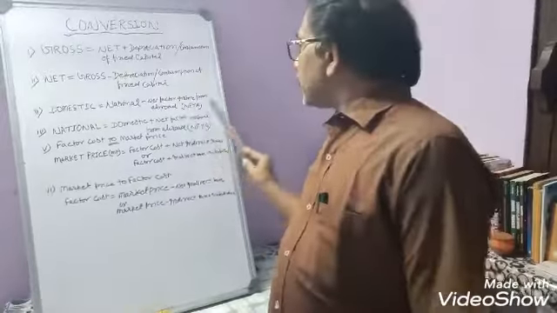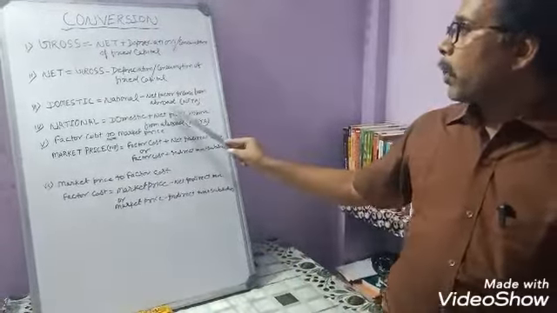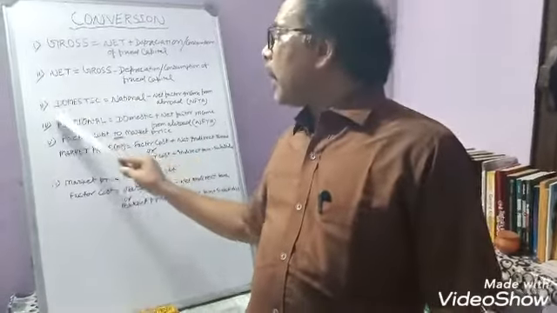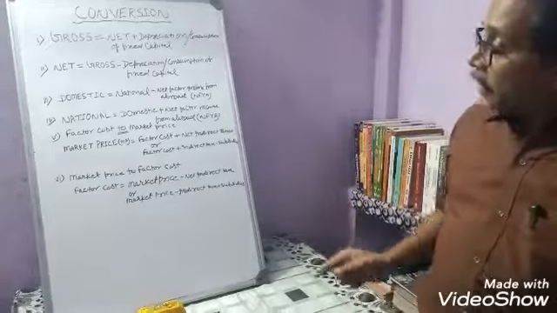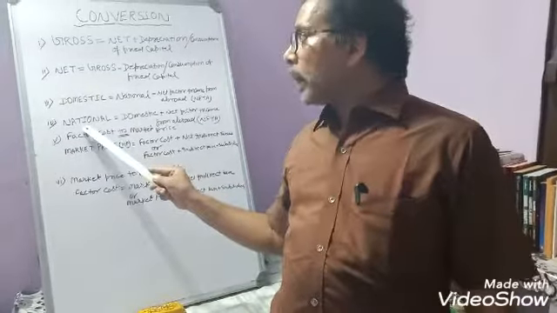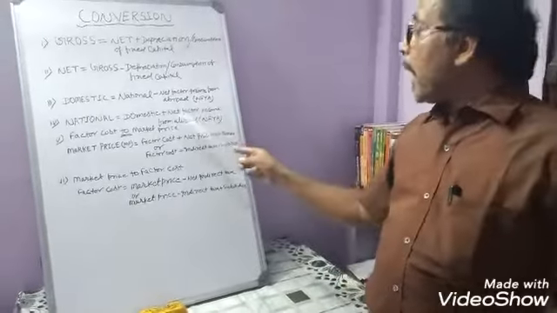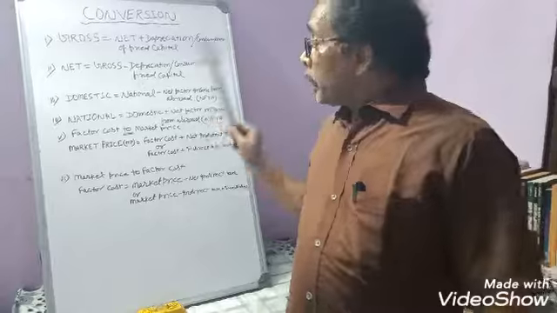Whatever income is generated in the form of factor income from abroad will be subtracted from the national income, and we are able to determine the domestic income. Like that, if you have the domestic income but you have to calculate national income, in this situation we will add net factor income from abroad.